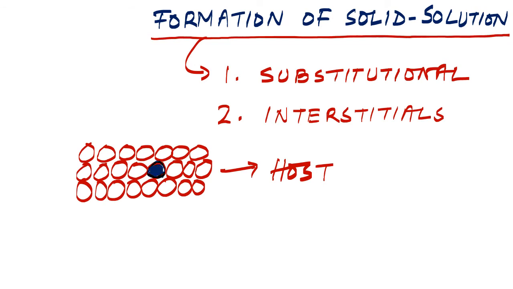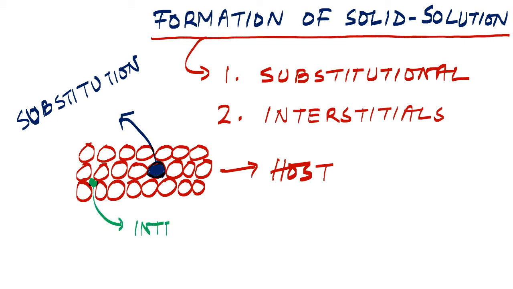So this is an example of a substitution. Now suppose another atom, which is very small in size, goes and sits somewhere here, in between, in the interstitial. So that will be an interstitial.